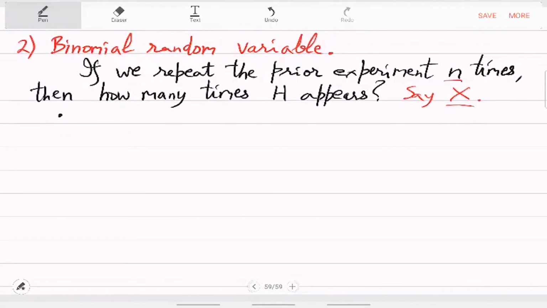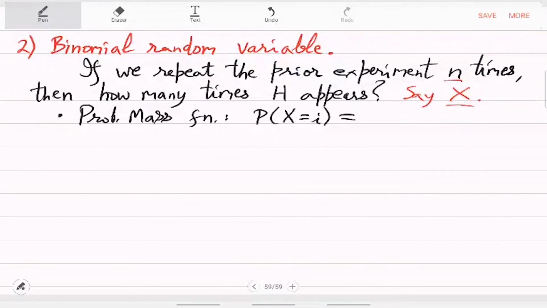So here the mass function is probability that X is equal to i. So i heads out of n exactly, right. So that possibility is which of these tosses were heads.